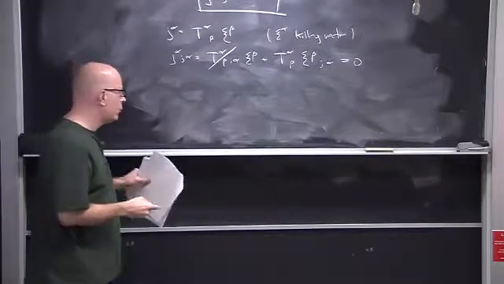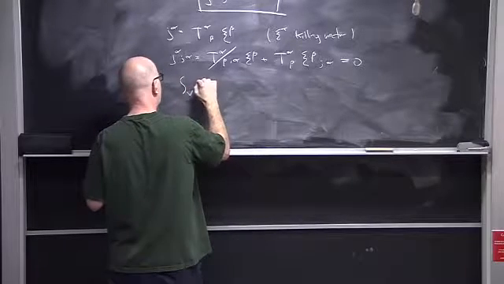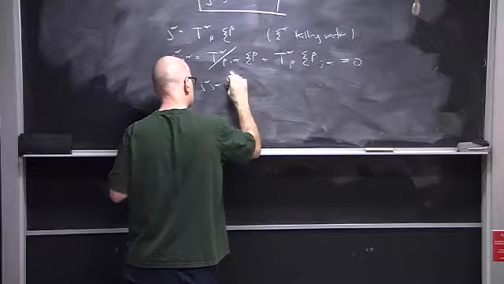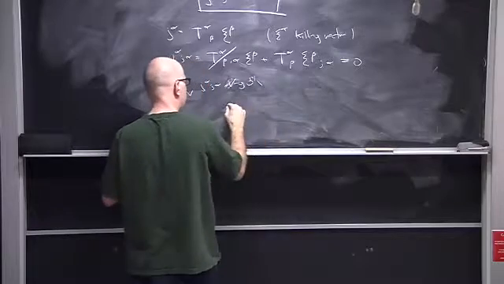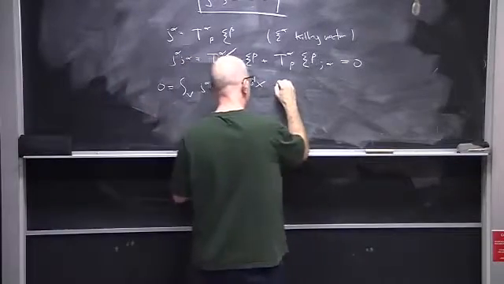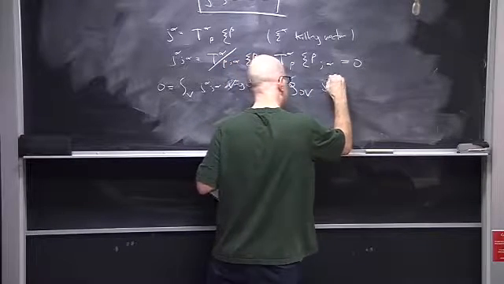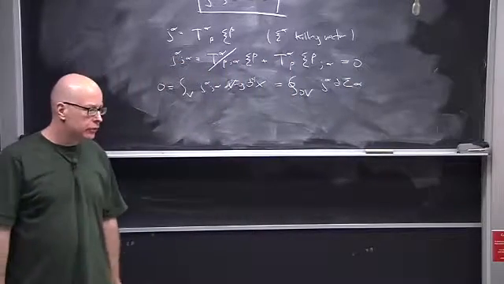We can apply Gauss's theorem to that. Gauss's theorem says that the volume integral of the divergence of J would vanish, and that would be given by a surface integral over the boundary of J along the surface.